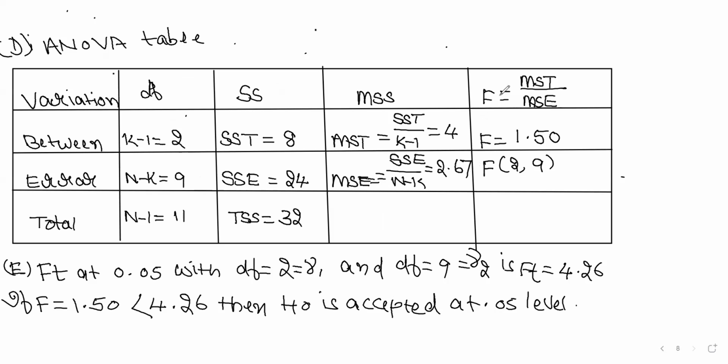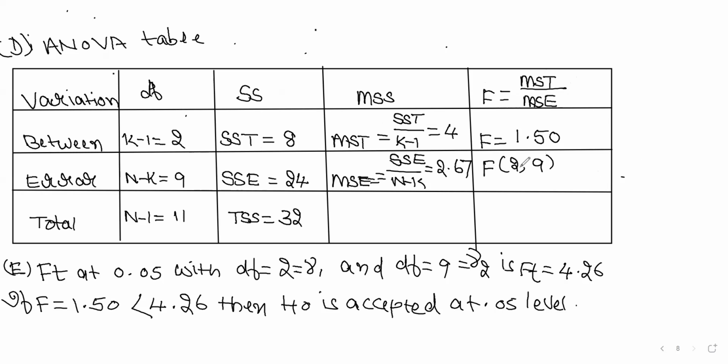Now, next, here F. F equals MST divided by MSE if MST is greater, and it may be MSE upon MST if MSE is greater. Here MST is greater, because it is 4 and the other is 2.67. Whichever is greater, you take it in the numerator; whichever is smaller, take it in the denominator. Then 4 upon 2.67 gives 1.5.